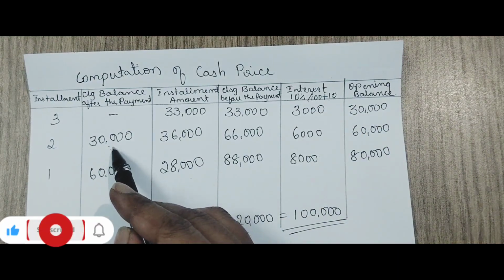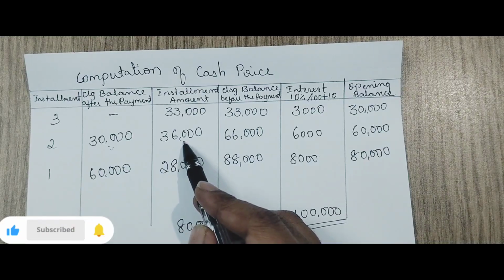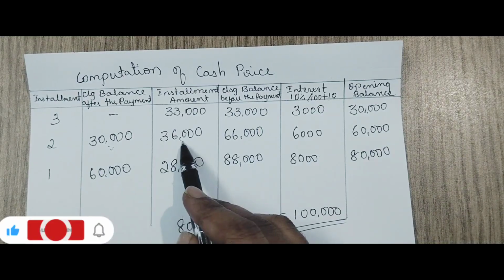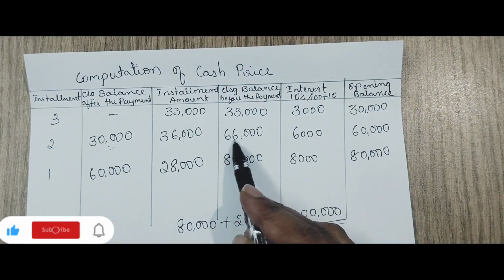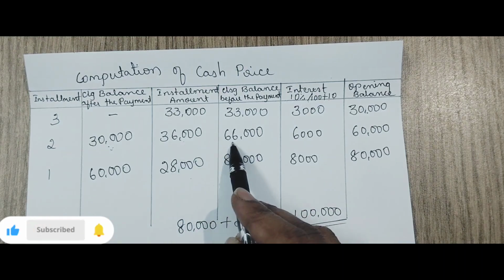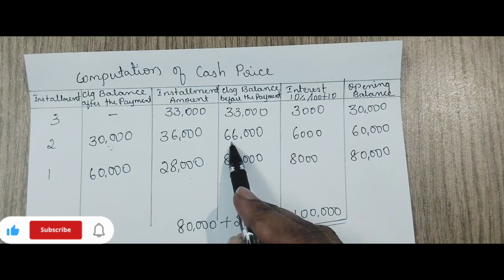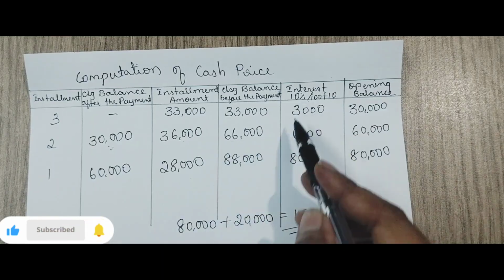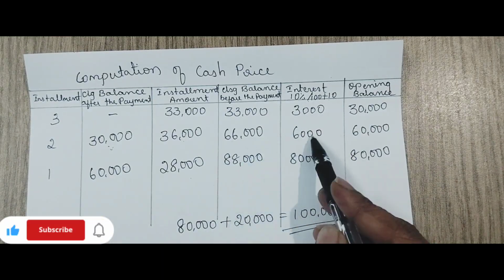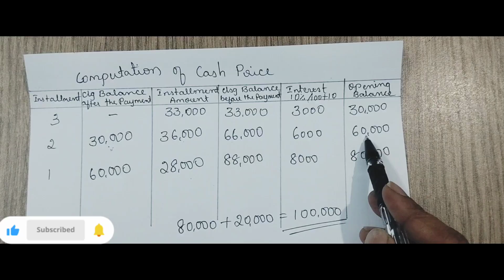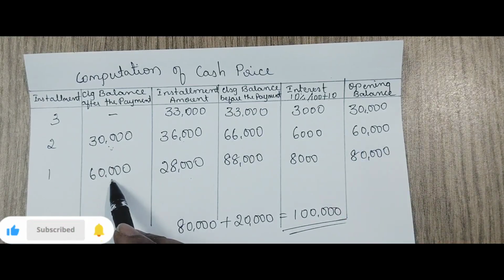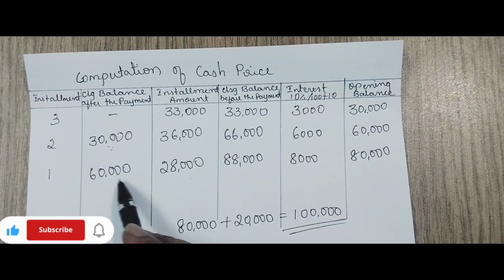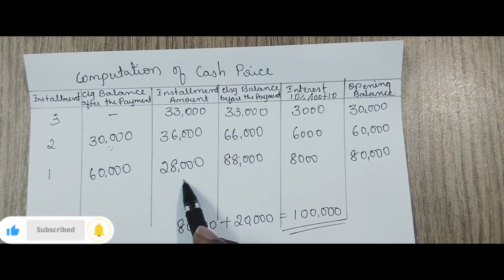Okay, 30,000. And we have taken the second year installment. We added it to the closing balance before the payment of installment. Total before paying the second installment, this was the amount, 66,000. On this we calculated the interest and separated it. Then we got the opening balance, 60,000. This is the closing balance for the first year. And we added the first installment.